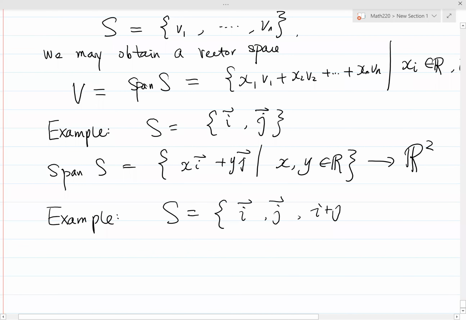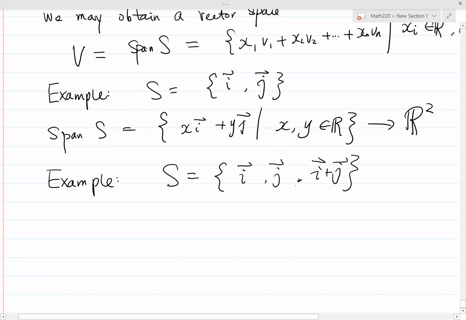Any linear combination, for instance x i plus y j plus z (i plus j), if you distribute, gives (x plus z) i plus (y plus z) j.